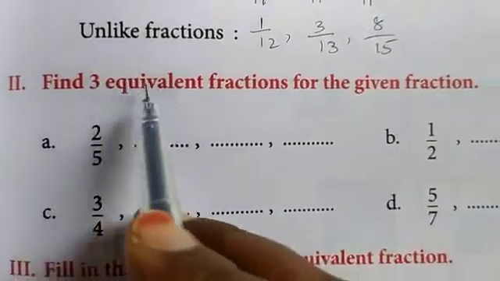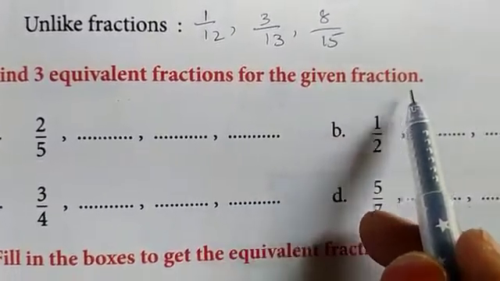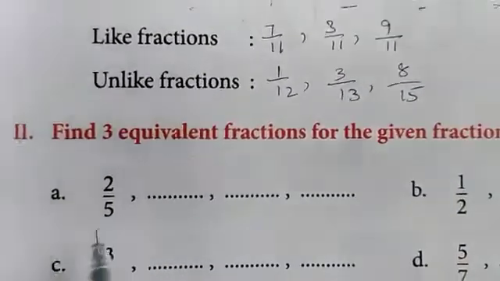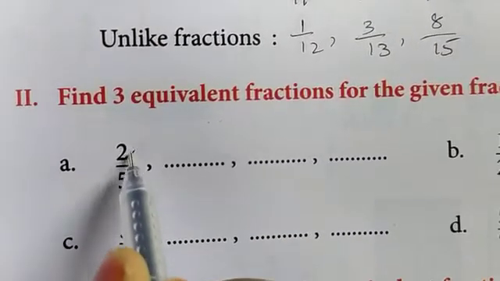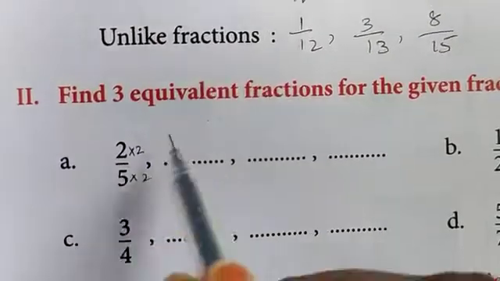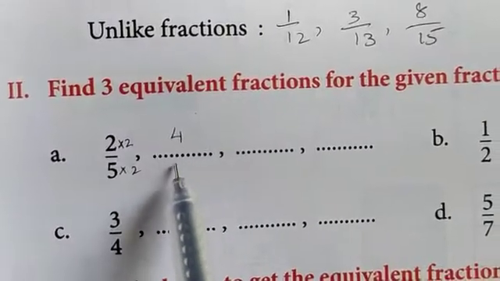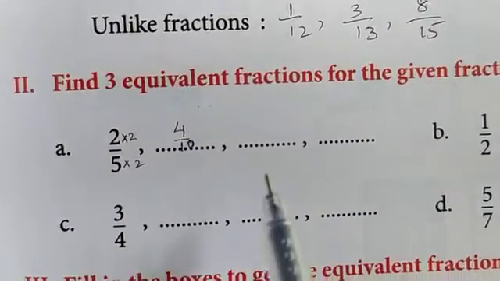Now find 3 equivalent fractions for the given fraction. See, when you multiply 2 by 5 with 2, what you will get? 2 2s are 4, 5 2s are 10. Okay.